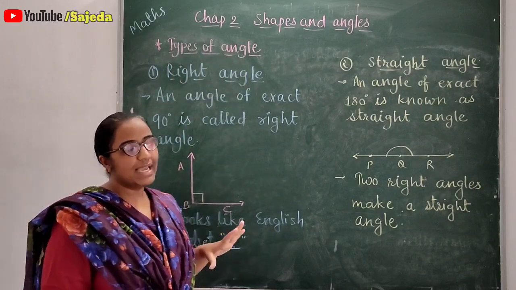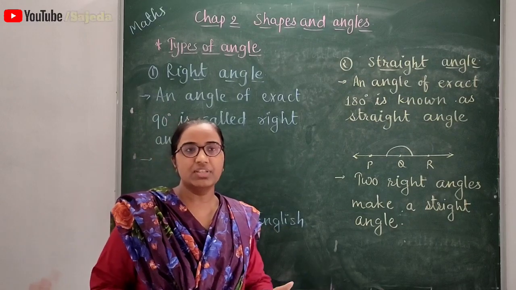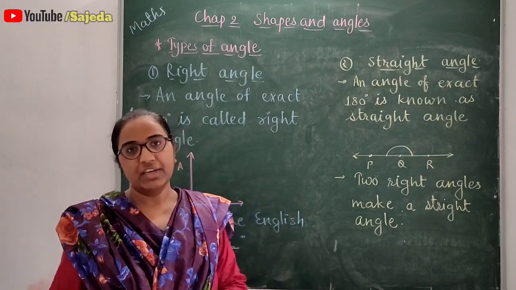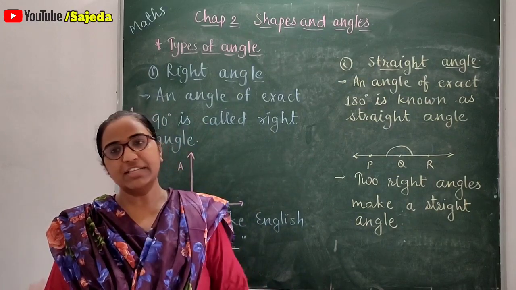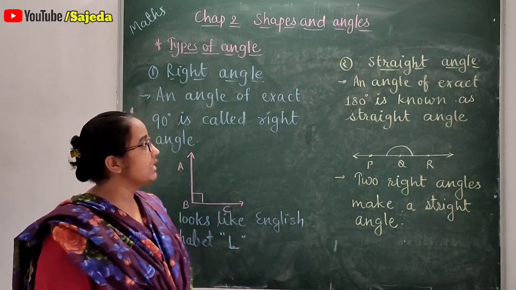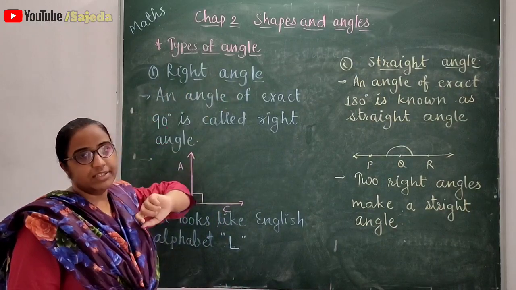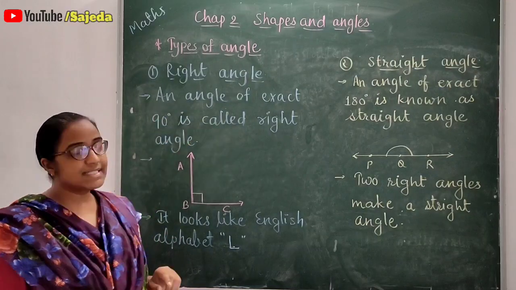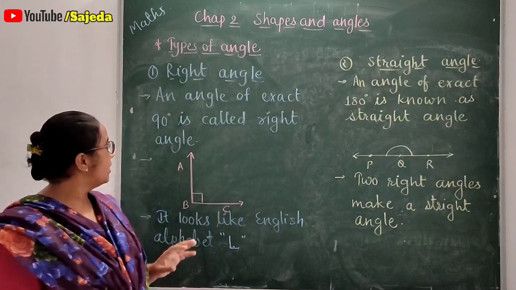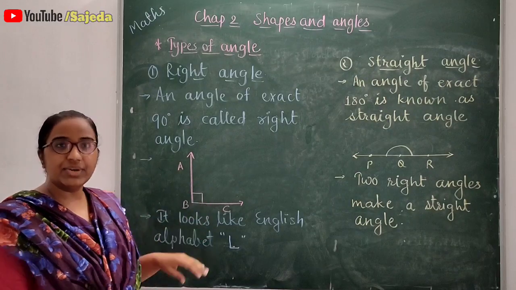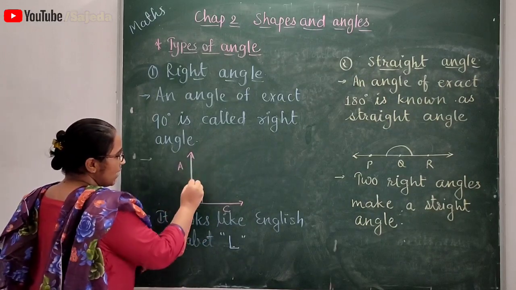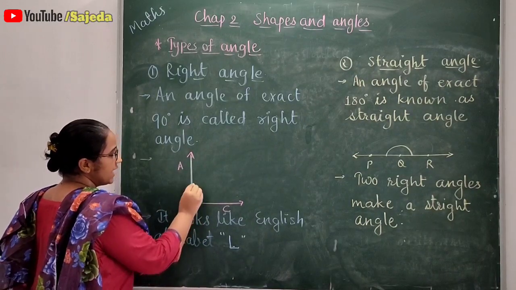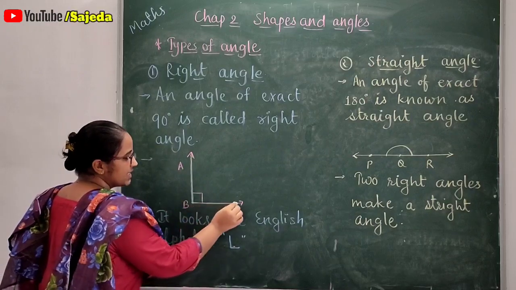Now all these angles are differentiated on the basis of their measurement. So on the basis of their measurement, the first type of angle is the right angle. Now what is a right angle? An angle of exact 90 degrees is called a right angle. Here you can see these two rays, one is ray AB and another is ray BC.